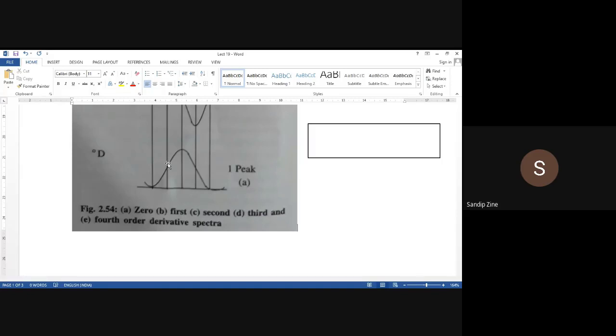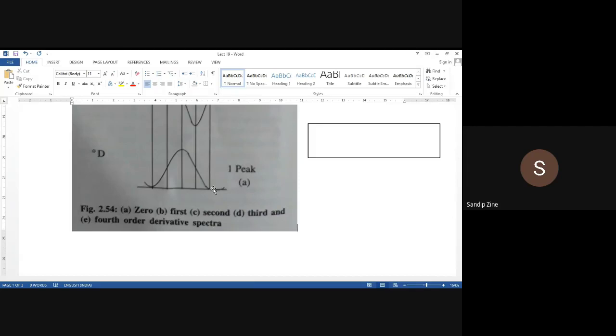So obviously when we are moving from zero order to first order spectrum, what will happen now? Derivatization. See in what way we are connecting this derivatization concept by observing the normal spectrum first, and then we talk about the first order spectrum. What is a first order spectrum exactly?